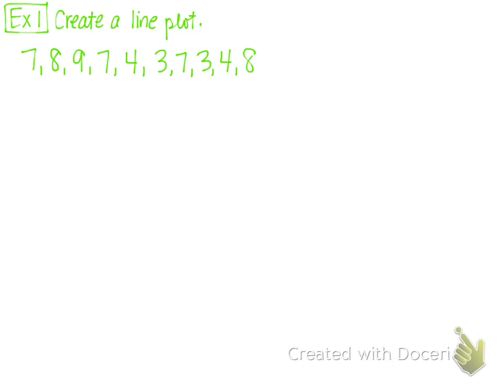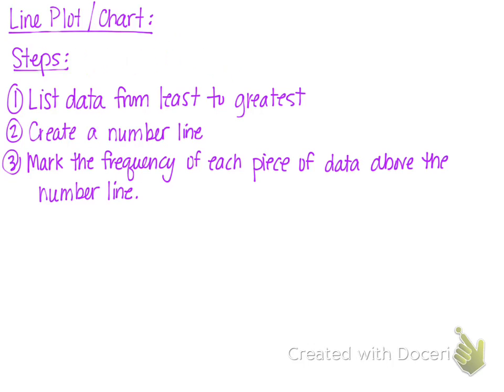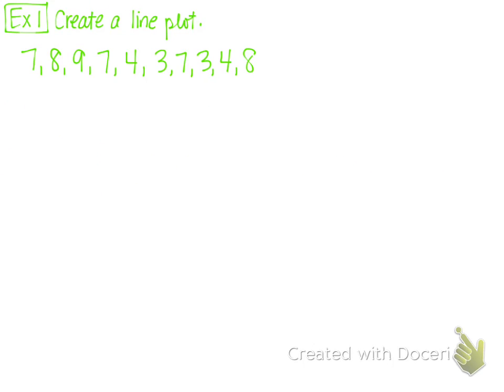Example 1 says create a line plot. Let's go back to our directions. The first thing we have to do is list our data from least to greatest. Our smallest piece of data is 3. Mark it off. Our next smallest piece of data, we have another 3.